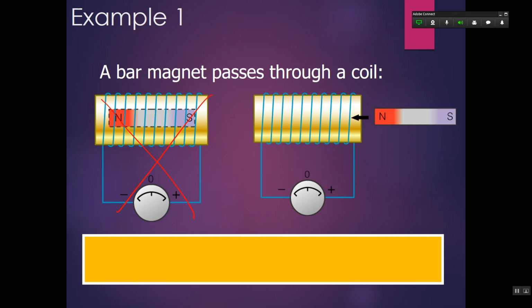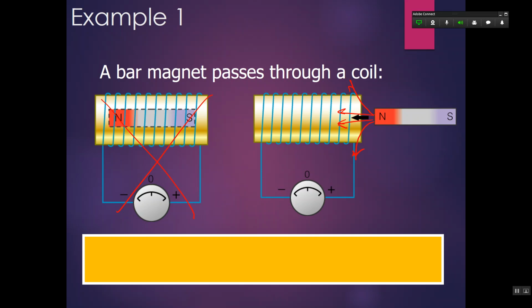That is what I always do to make this easier. The magnet's getting closer and entering the solenoid.